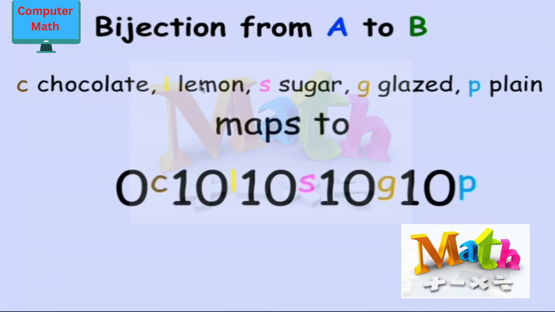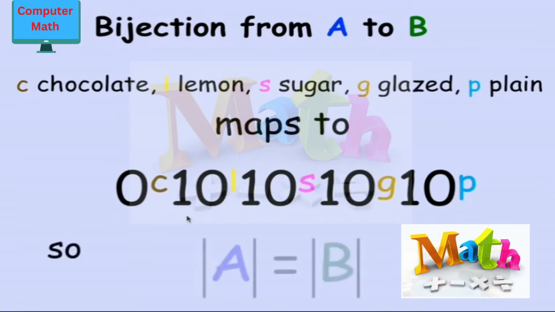So the general bijection, of course, is that if I have a selection of C chocolate donuts, L lemon donuts, S sugar donuts, G glazed, and P plain, of any number really, a selection of donuts with this number of chocolates, lemons, sugars, glazed, plain corresponds to a binary word with C plus L plus S plus G plus P zeros and 4 ones.